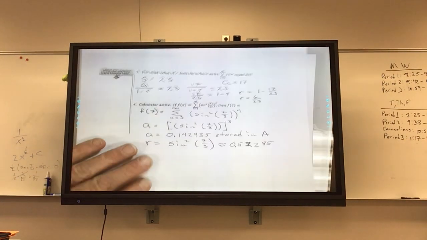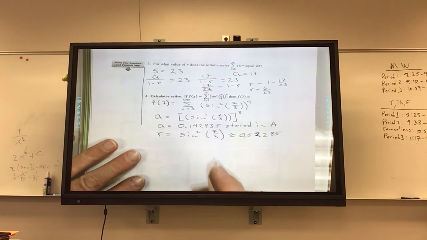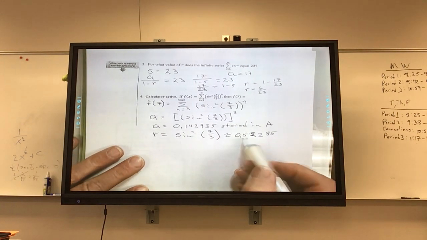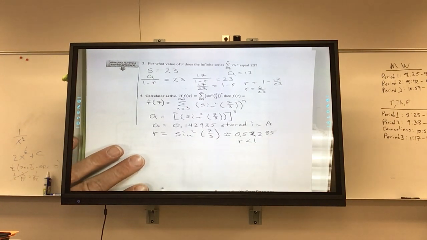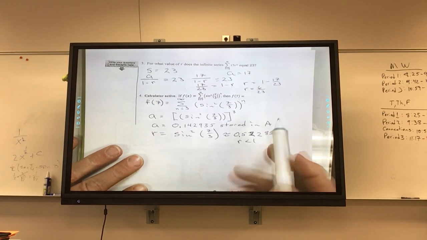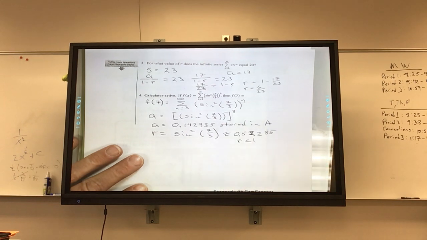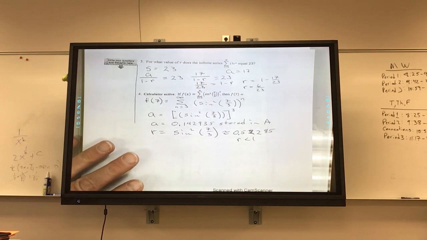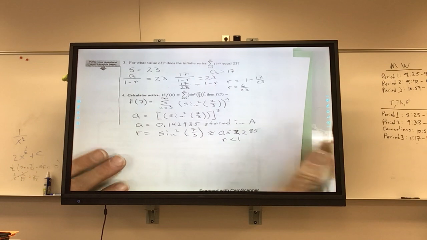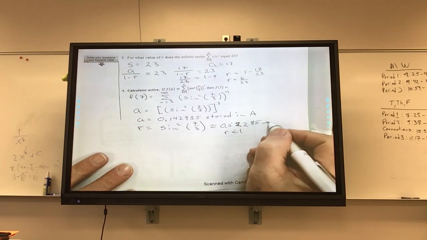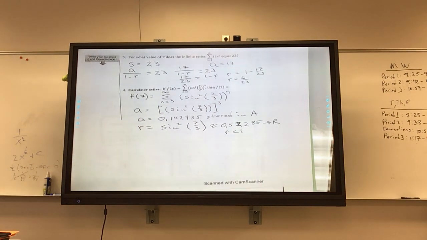Okay, so back to here. Now we know that this R right here is less than 1, correct? And it's a common ratio because I'm raising it to a power and it's multiplying repetitively. Are we okay with that? And so what I did is I said, store this in R. You can make it A and B or whatever.